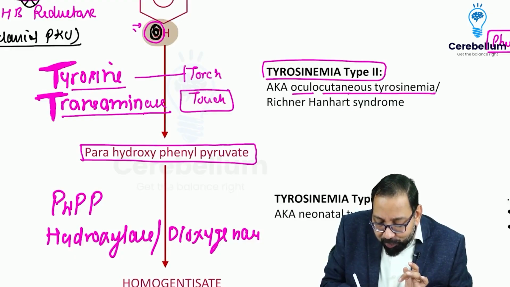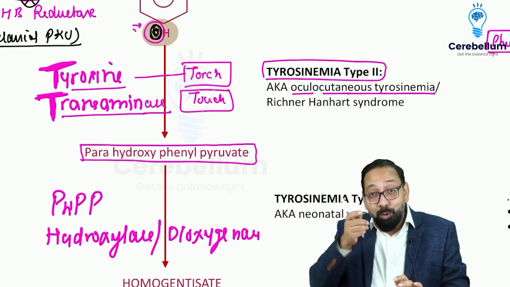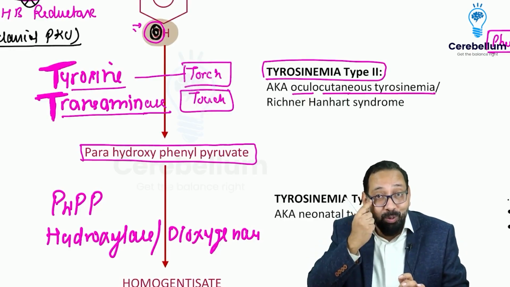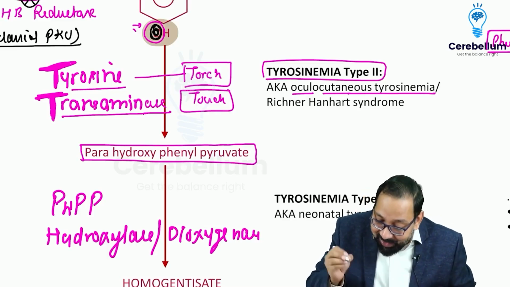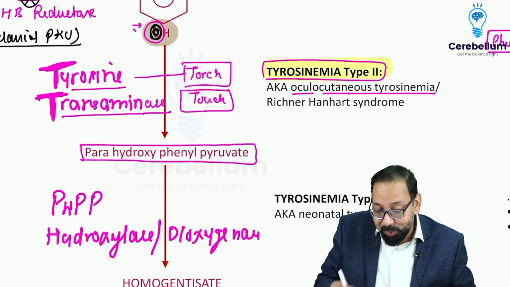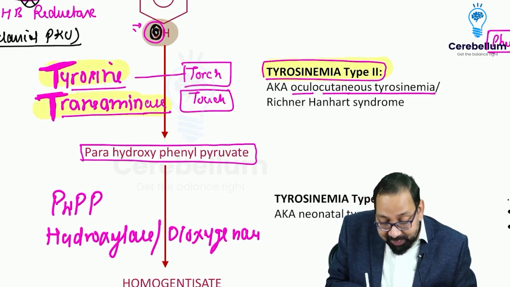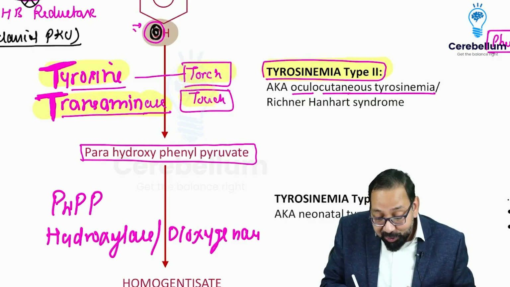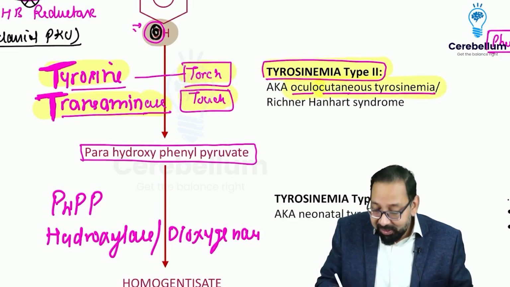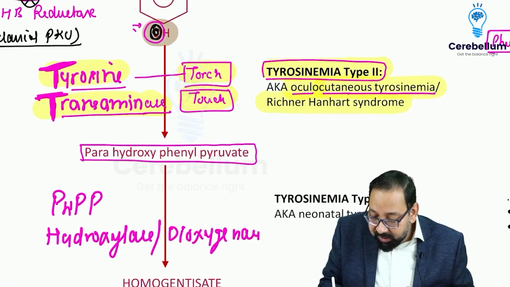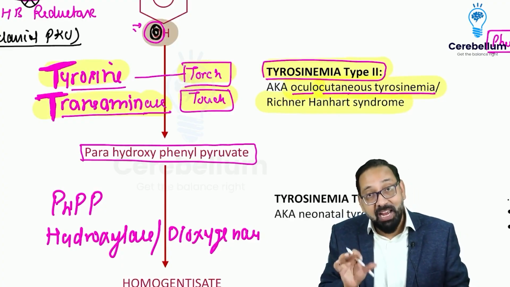Yes, T4 torch, T4 touch. Torch means vision, oculo. Touch means skin, cutaneous. So you can easily remember tyrosinemia type 2: TT, tyrosine transaminase, touch, torch, oculo, cutaneous tyrosinemia. Another name is Richner-Hanhart syndrome. So this is tyrosinemia type 2.